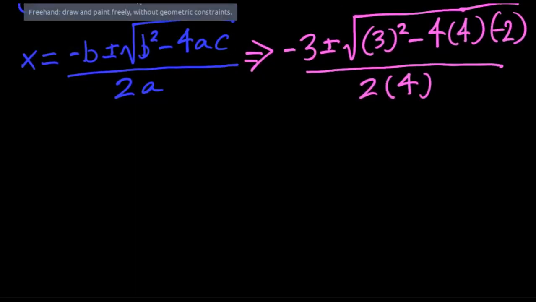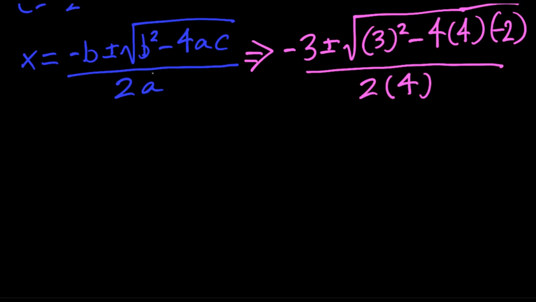Okay. So that's going to be minus 3 plus root 3 squared minus 4 times minus 2 over 2 times 4. And so when we do plus, we get x is equal to minus 3 plus root 41 over 8.